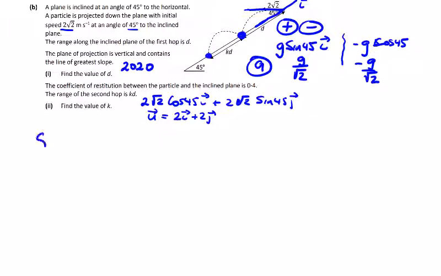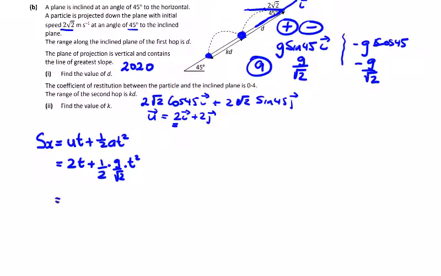So let's look at the displacement in the X direction or the I direction. UT plus a half AT squared, which is equal to my initial 2 times T, and then plus a half times acceleration, which is G over √2 times T squared.